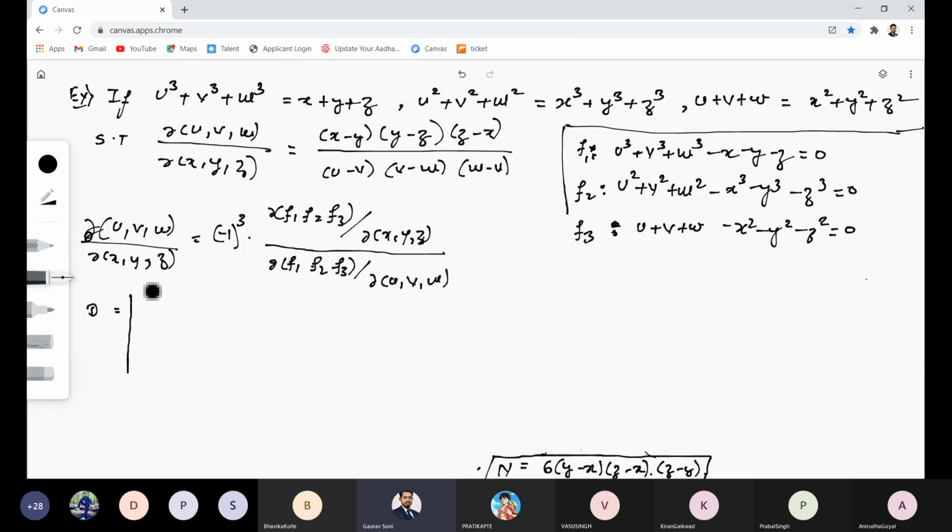So f1 with respect to u is 3u square, then f1 with respect to v, f1 with respect to w; f2 with respect to u is 2u, 2v, 2w; f3 with respect to u, f3 with respect to v and w. Again, c2 minus c1, c3 minus c1.